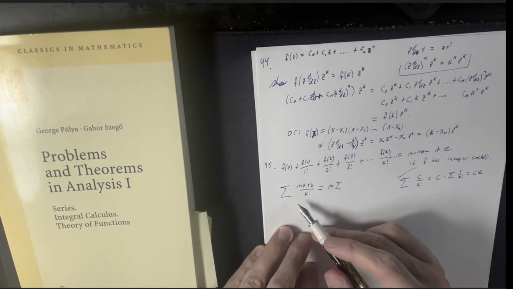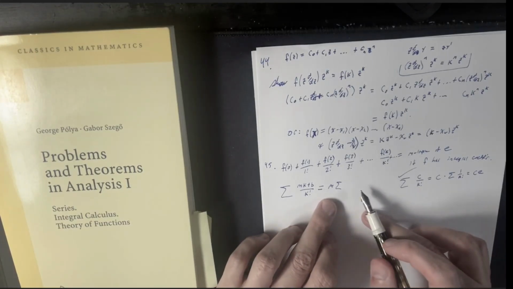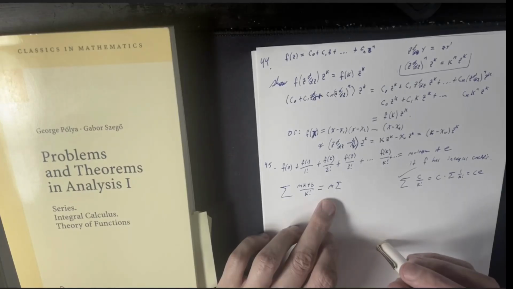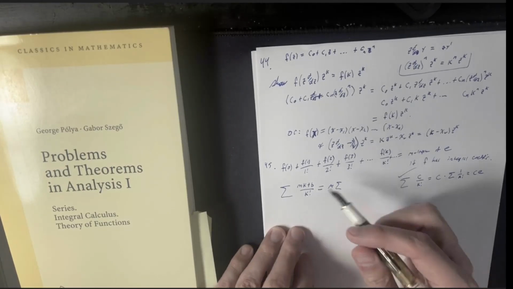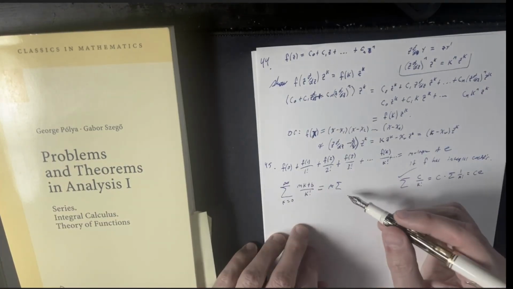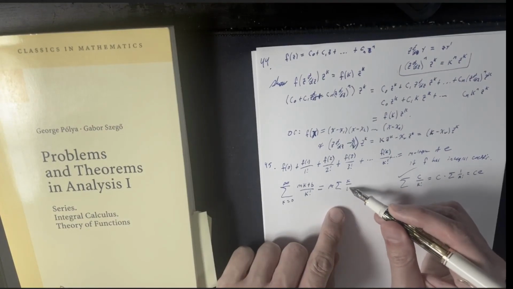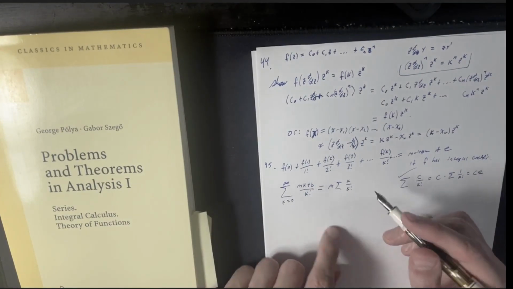So the first term is missing, but whatever, you can re-index. K starts at 0, so maybe don't do that, but it cancels, you see what I'm saying?